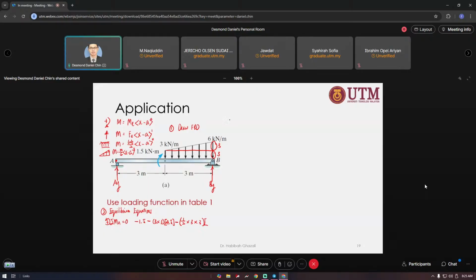The centroid of the triangle is at 2 over 3 on this side and 1 over 3 on the other. So from here to point A, it's supposed to be 2 meter, isn't it? Do you agree? Okay. So the centroid of the triangle to point A is 3 meter plus 2 meter, therefore you get 5 meter.